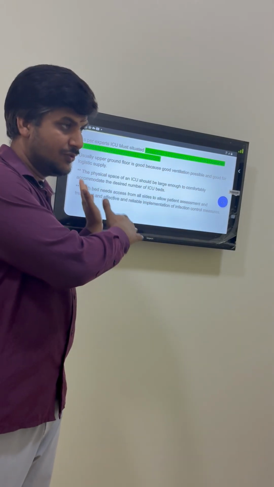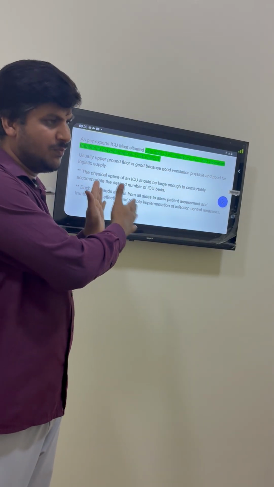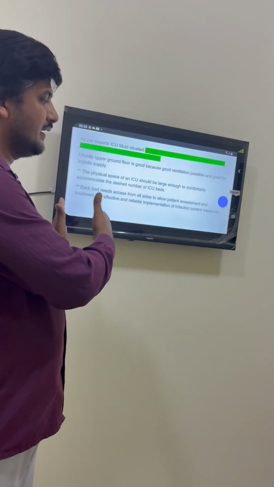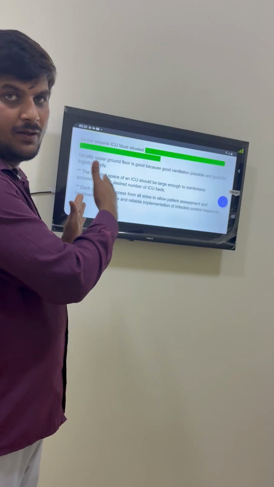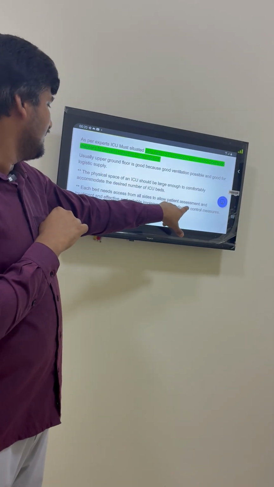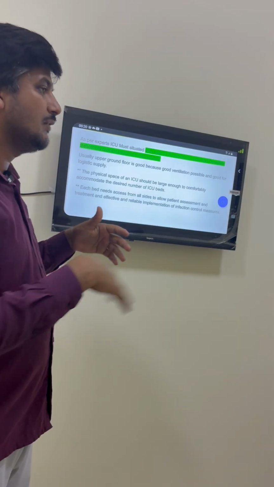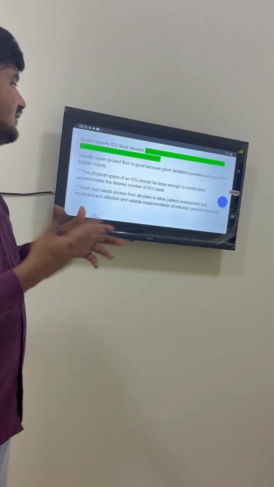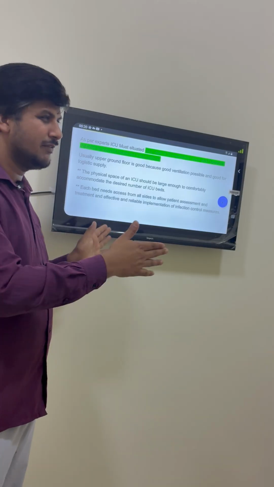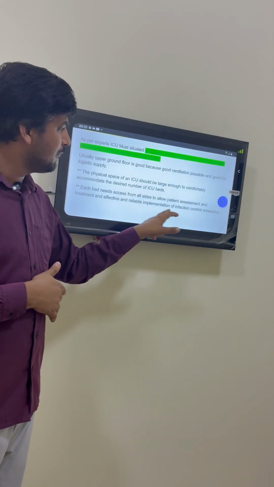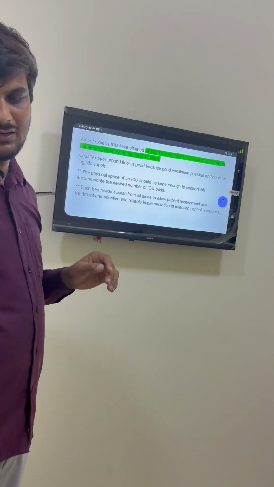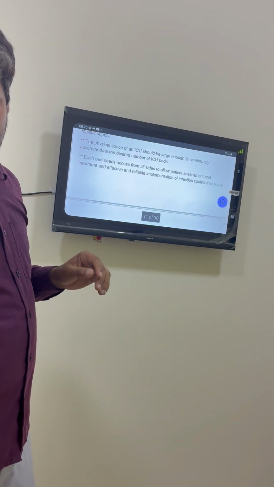What is shown in that photo is that adequate space should be there in order to allow patient assessment. Doctors can stand, and even nurses, we are also giving medications. There should be adequate space, and also for implementation of infection control measures.